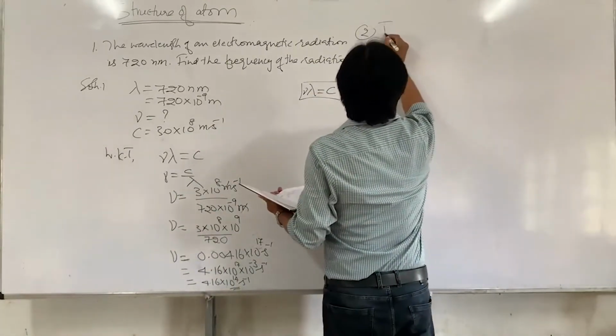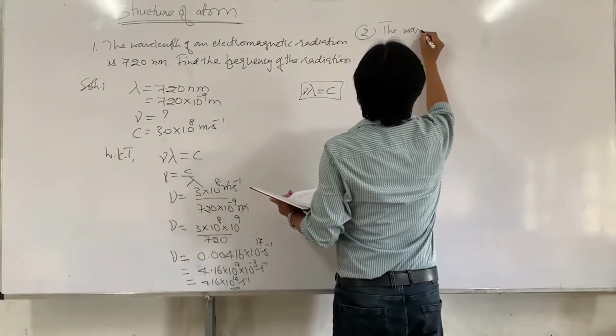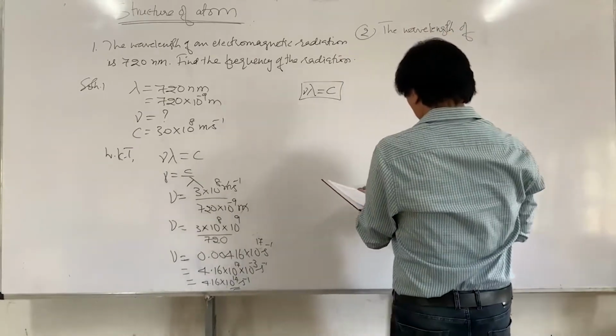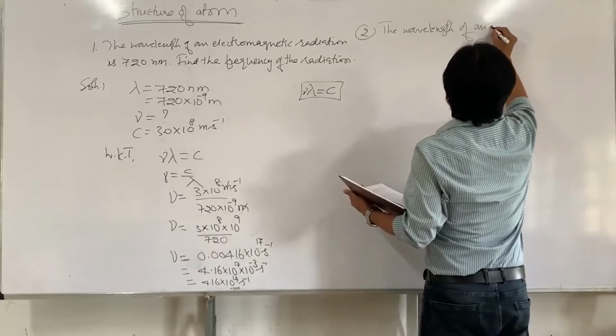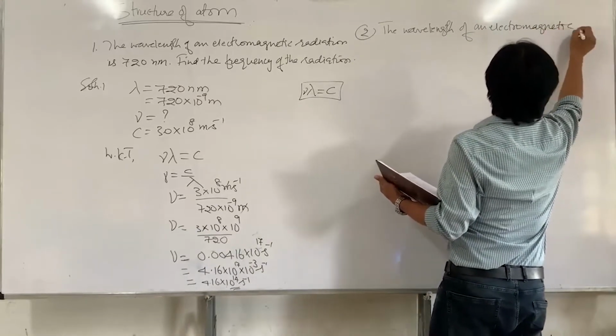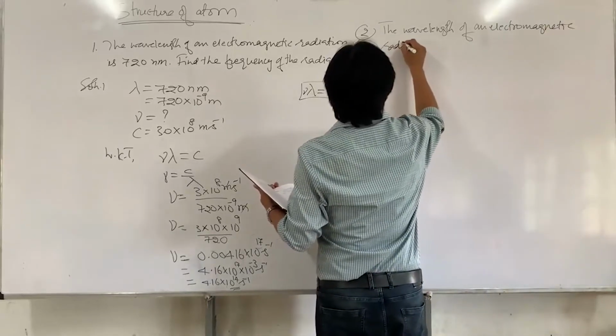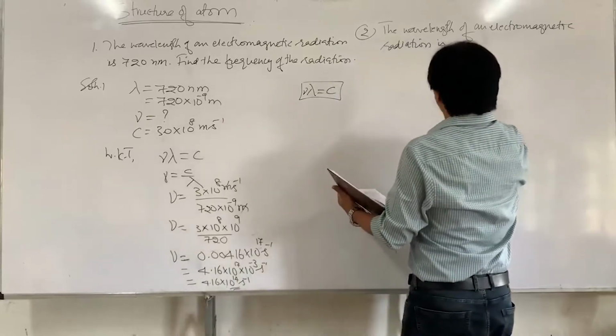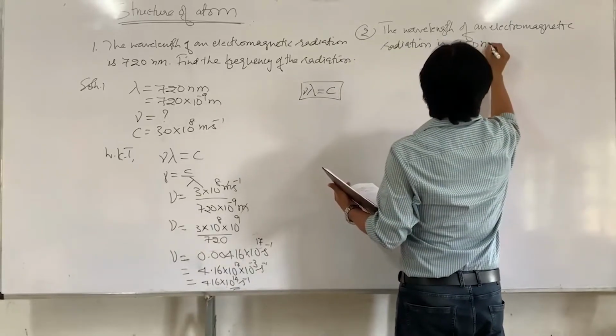I put it this way: the wavelength of an electromagnetic radiation is 450 nanometers.